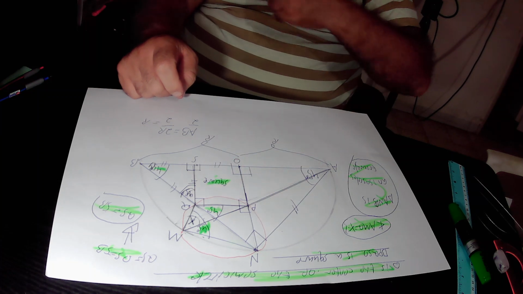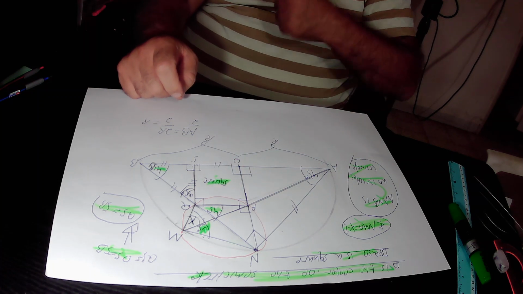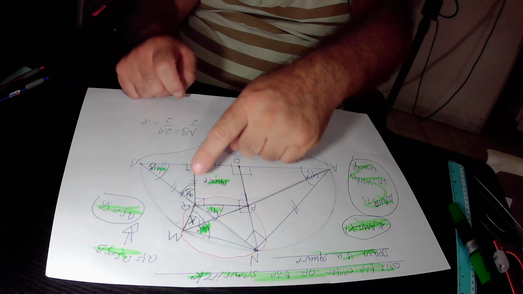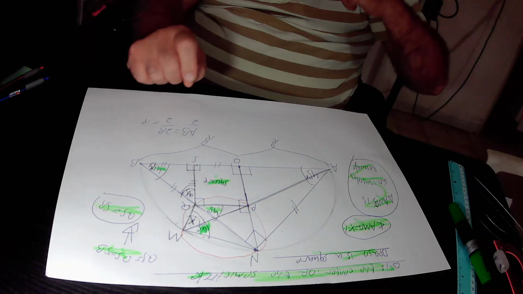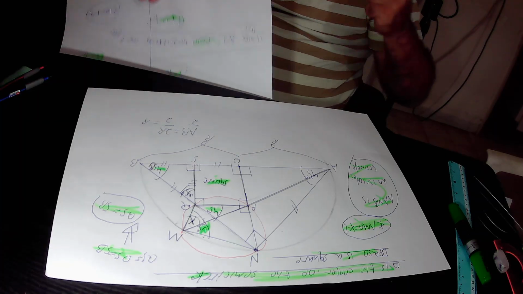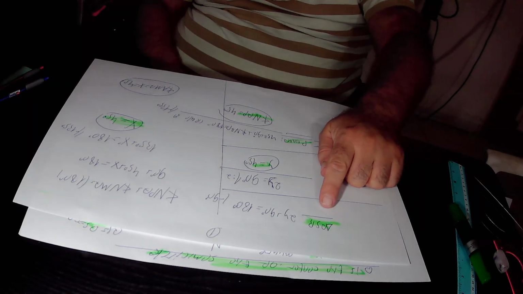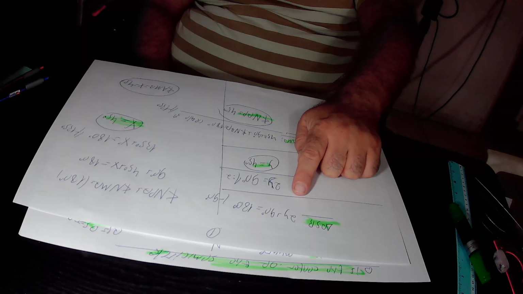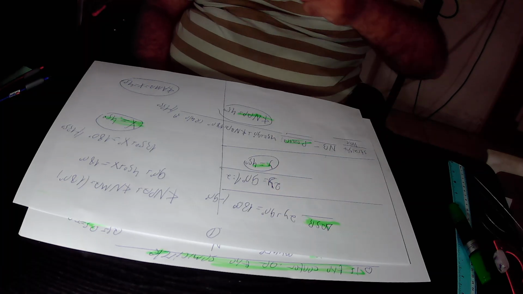We know that the sum of the angles in any triangle is equal to 180 degrees. So which angles do we have in the right small triangle QSB? We have y plus y, that is 2y, plus 90 degrees. In total, they must be equal to 180 degrees, according to the rule that the sum of the angles in any triangle is equal to 180 degrees. So in the right small triangle QSB, 2y plus 90 degrees must be equal to 180 degrees.